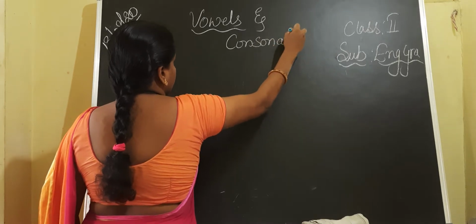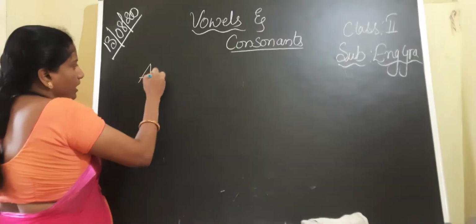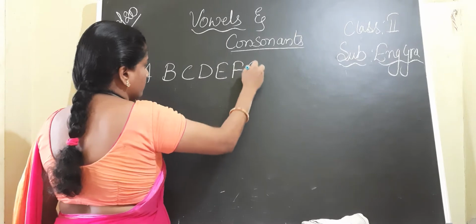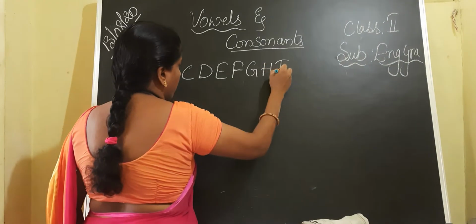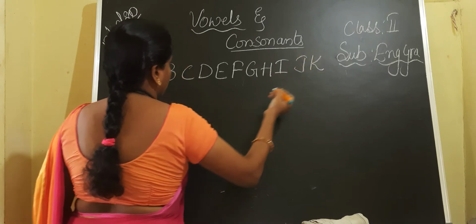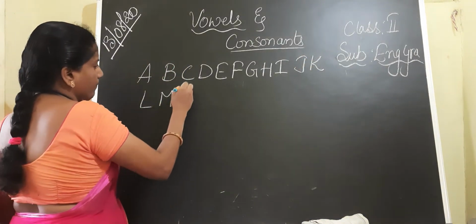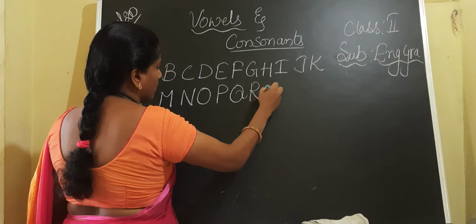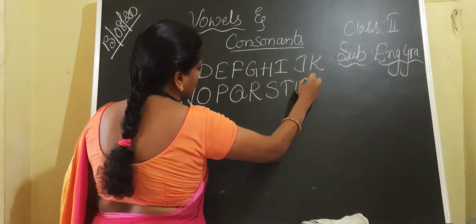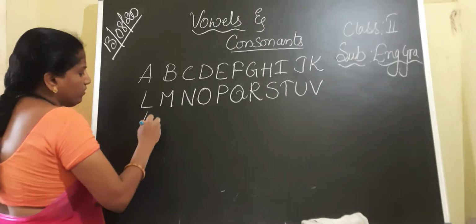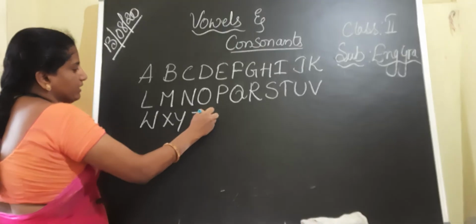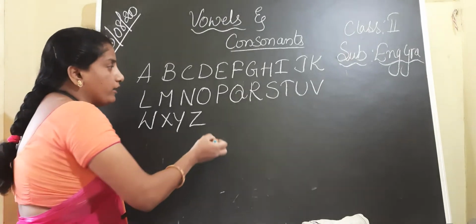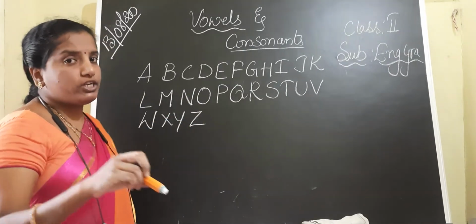Now if you observe, the English alphabets are A, B, C, D, E, F, G, H, I, J, K, L, M, N, O, P, Q, R, S, T, U, V, W, X, Y, Z. These are the letters in the correct sequence, or alphabetical order, or the dictionary order.